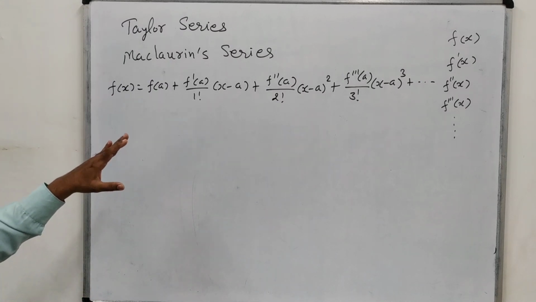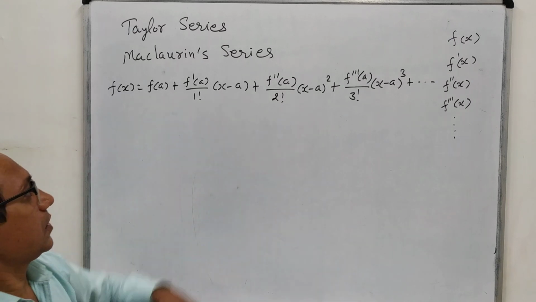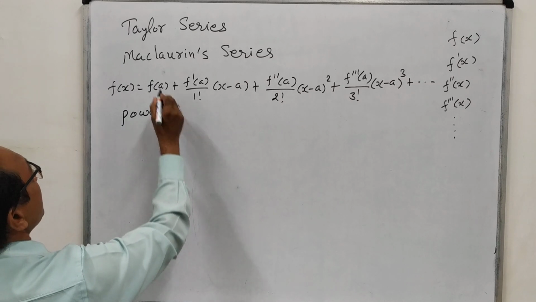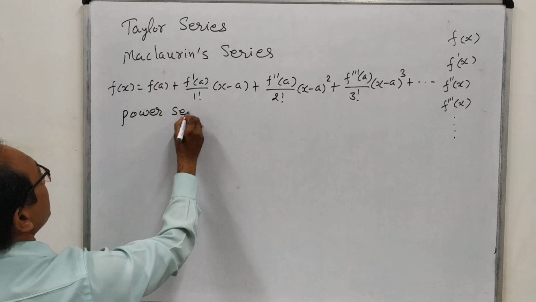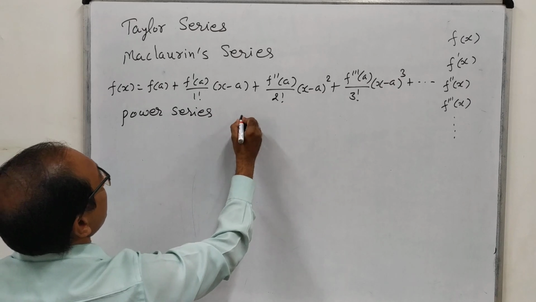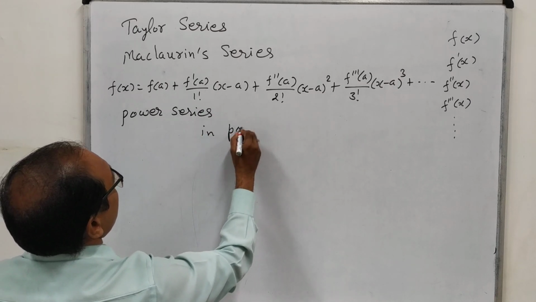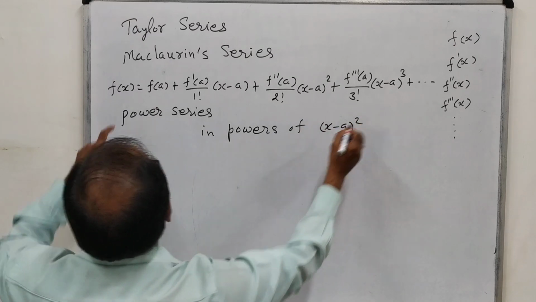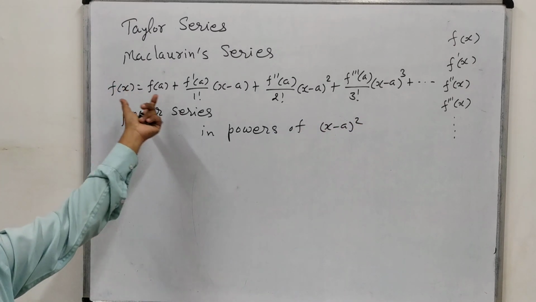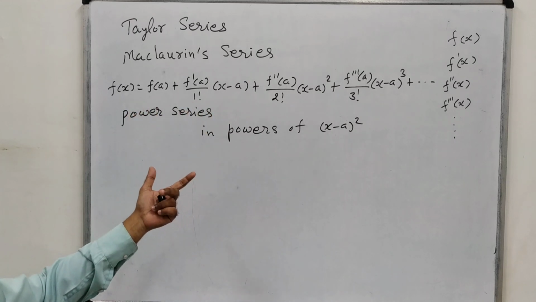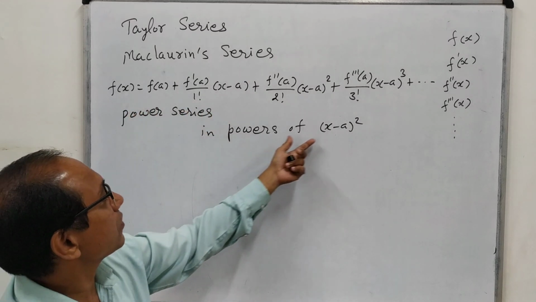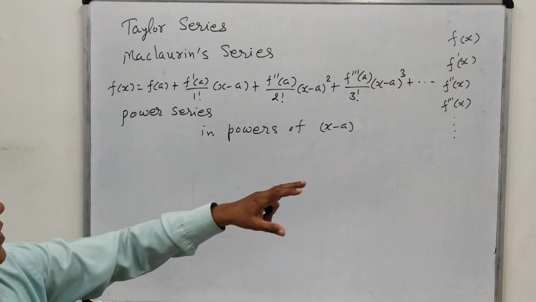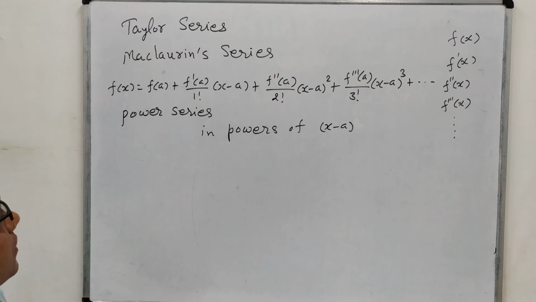So here you can see that this is a power series. The Taylor series and the Maclaurin series both are power series because they are written in powers of x minus a. So here f of x, with this variable x, can be expanded into Taylor series or Maclaurin series in powers of x minus a. This can be raised to 1 or square, cube, or anything we can consider.